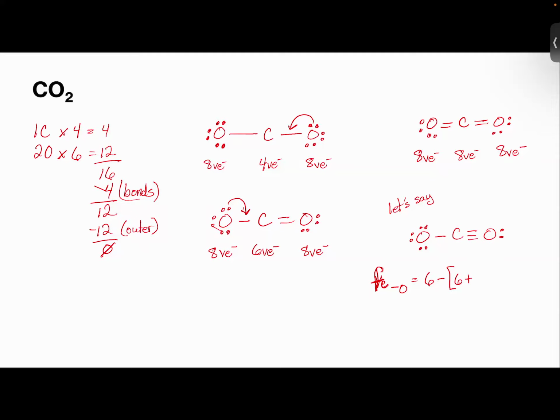It's actually a half times the number of electrons in bonds, which there are 2 electrons in bonds, so half that is 1. The other way to say this is it's the number of electrons in lone pairs plus the number of bonds. In other words, that oxygen currently has a formal charge of a -1.